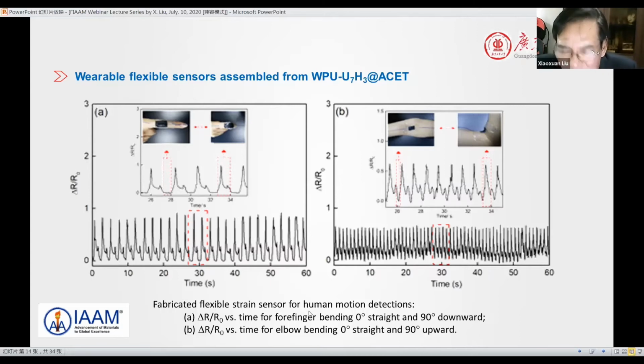These are the human signals with bending. It is good and sensitive.